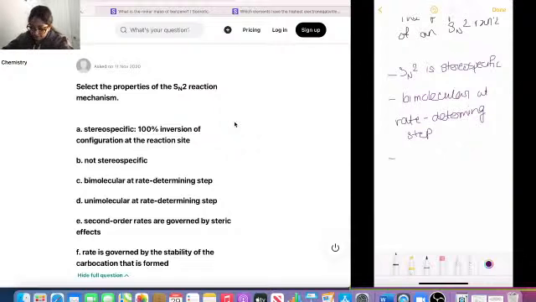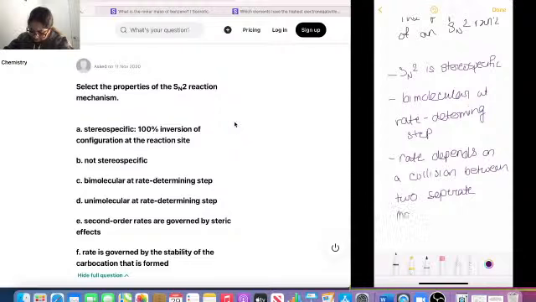So the rate depends on a collision between two separate molecules.